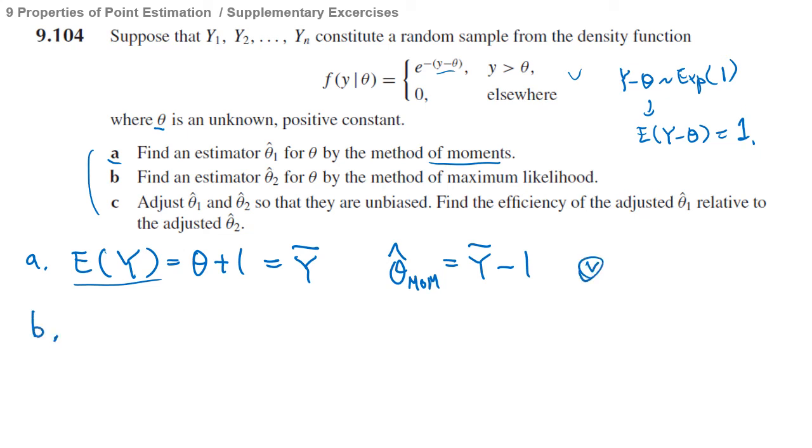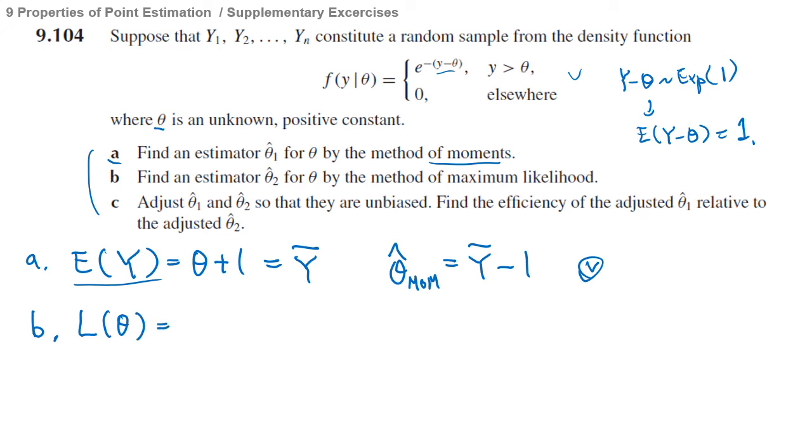Let's move on to number B: find an estimator theta 2 hat for theta by the method of maximum likelihood. For this, we firstly need to find the likelihood function of theta.